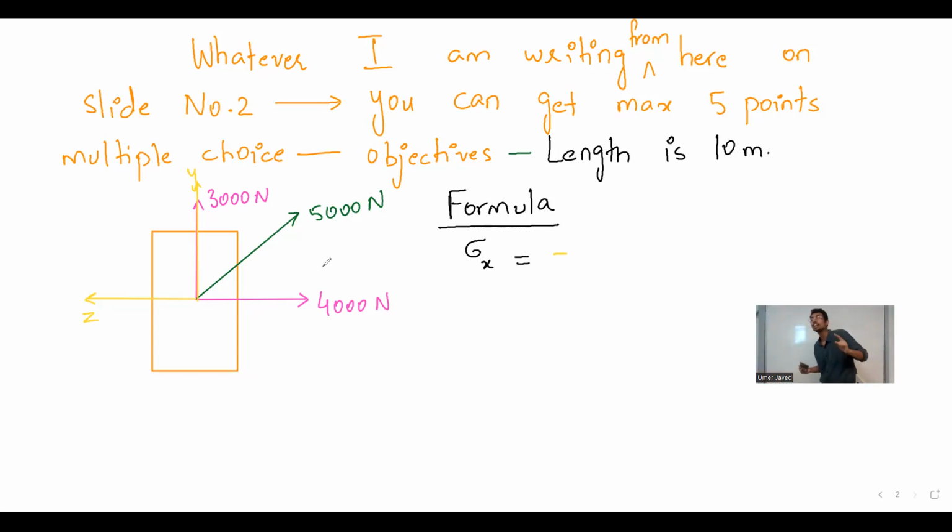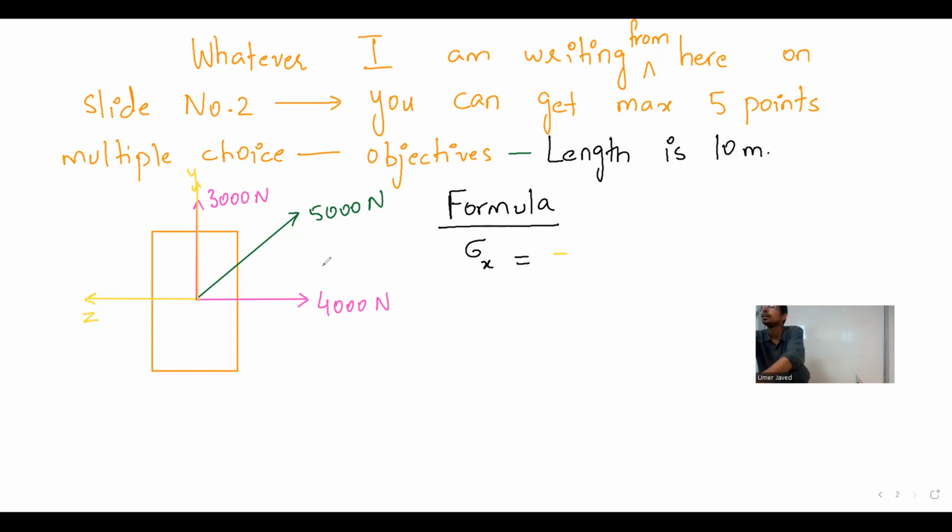Somebody was putting an inclined load, so you cannot just start using 5,000. Actually, 5,000 would be resolved into two components. Then the 5,000 Newton is responsible for two different moments. The 4,000 projection is responsible for turning the beam like this. The 3,000 component is responsible for turning the beam like this.